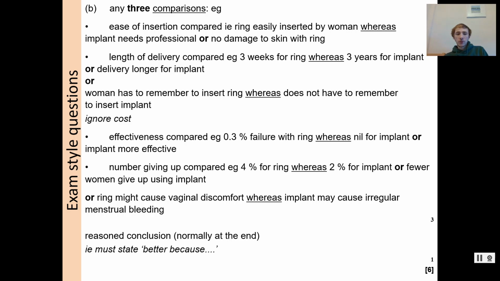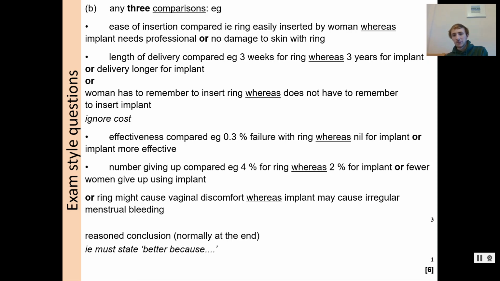Number giving up compared, e.g. 4% for ring, whereas 2% for implant. So few people give up using the implant because it's quite difficult to give up, you have to have it removed. Or the ring might cause vaginal discomfort, where the implant may cause irregular menstrual bleeding. And then a reasoned conclusion for 1 mark at the end. That means you have to give a conclusion.